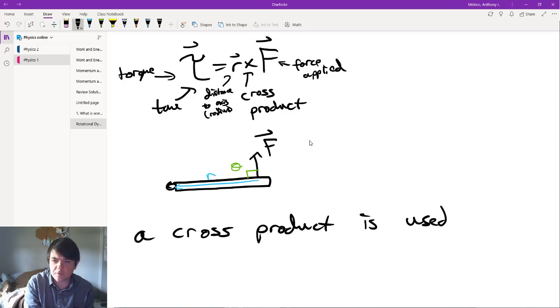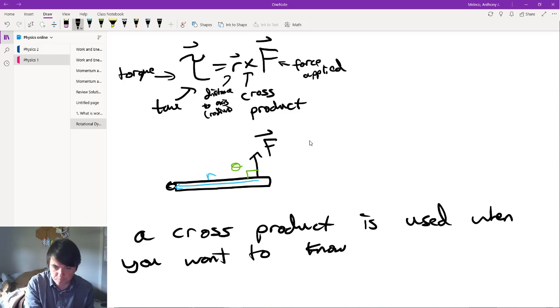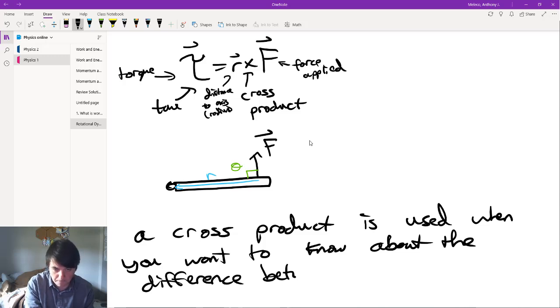A cross product is used when you want to know about the difference between two vectors.